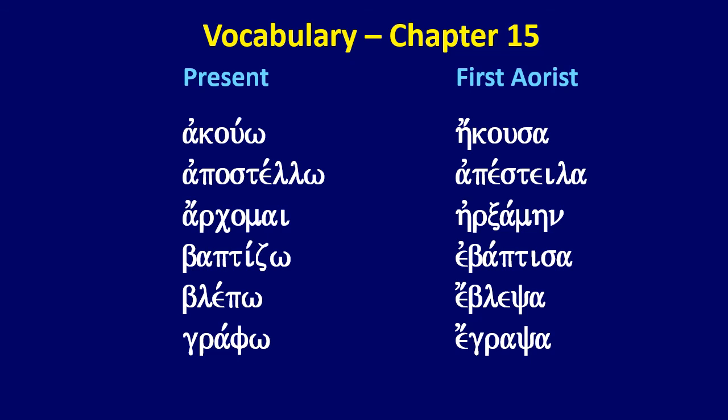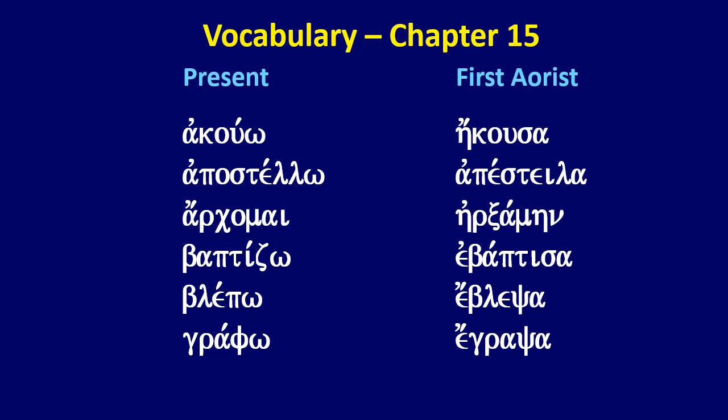I won't go into detail as to why that occurs, but let me just mention that this is a word that contains a liquid consonant, the lambda. When you have a word whose stem ends in a liquid consonant, which we learned about in chapter 1, and which we're also going to revisit in chapters 18 and 26 in our textbook, funny things happen.